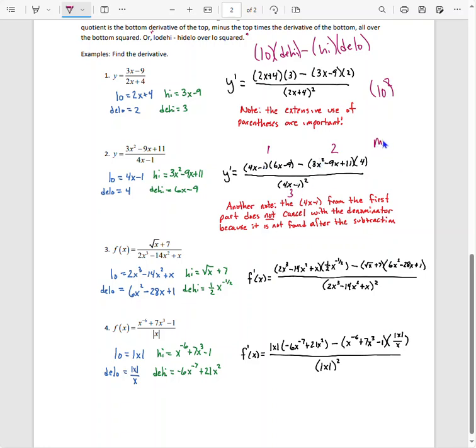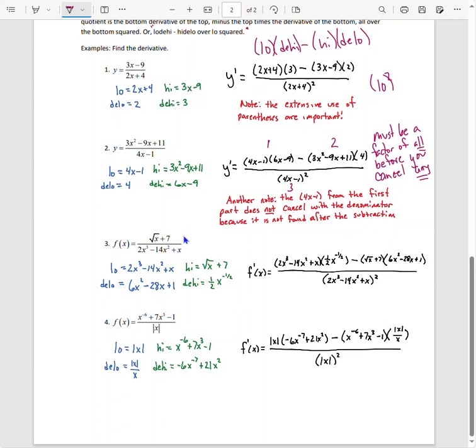It must be a factor of all before you cancel any. 4x minus 1 does not appear over here, so I cannot cancel that out. End of story.